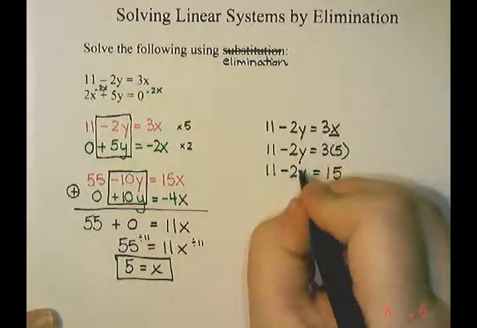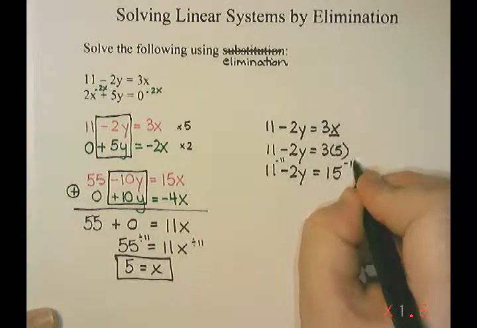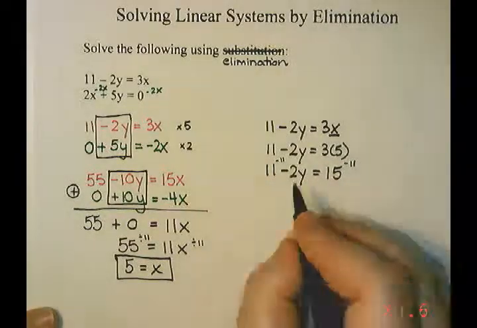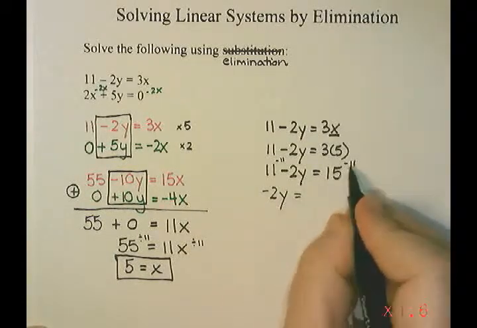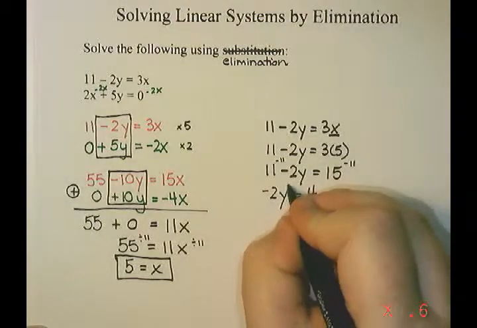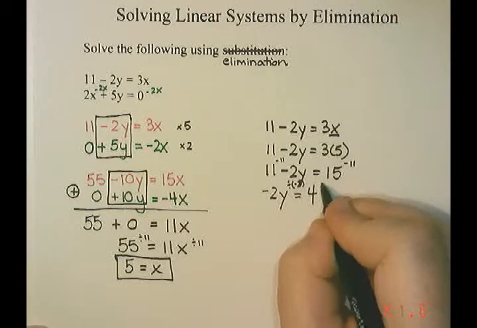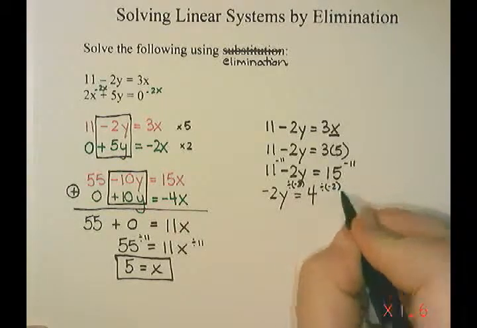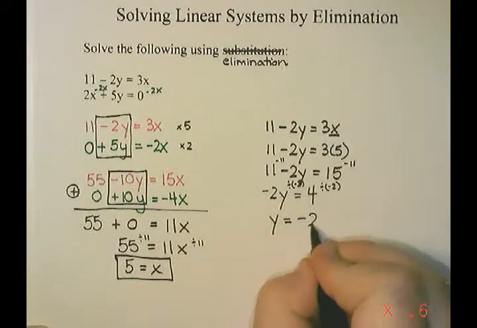And then I'm going to solve for y by subtracting 11 from both sides. I'm left with negative 2y equals 4, since 15 take away 11 is 4. And then I'm just going to divide both sides by negative 2. And I get 4 divided by negative 2 is negative 2.